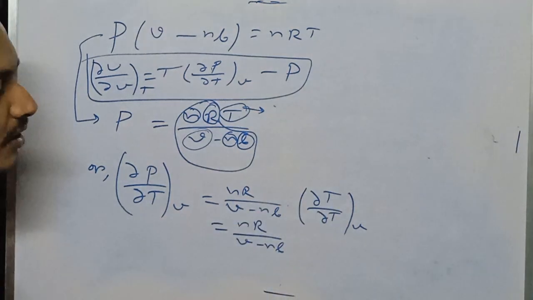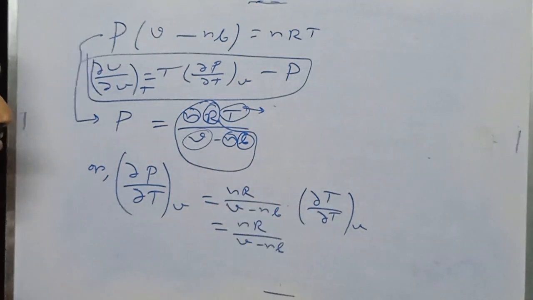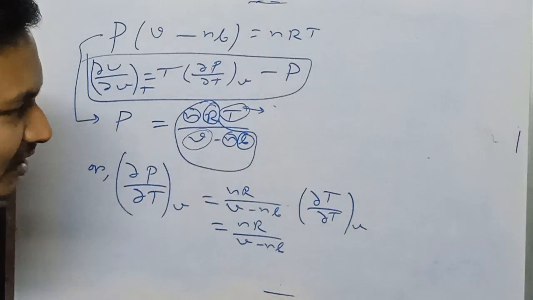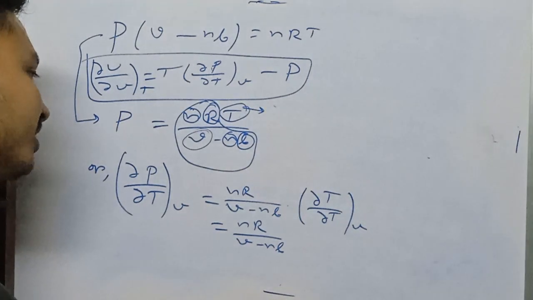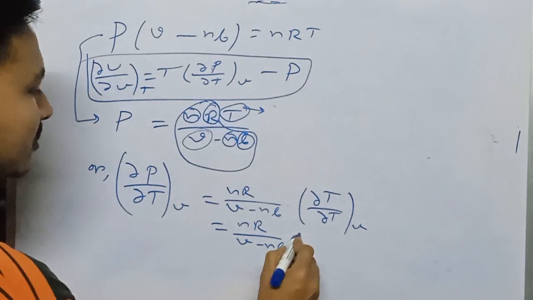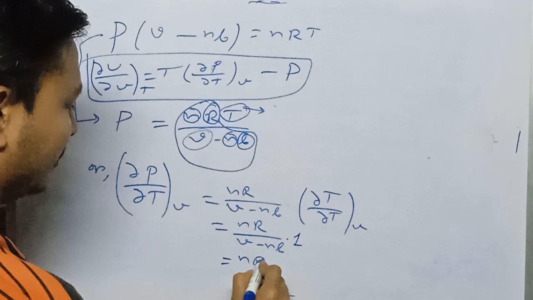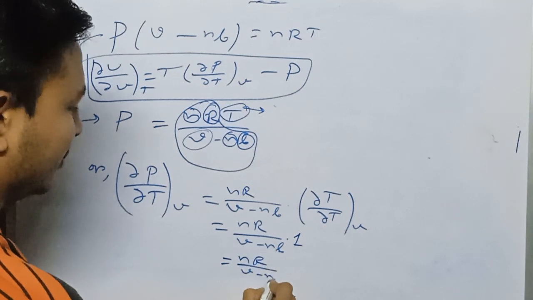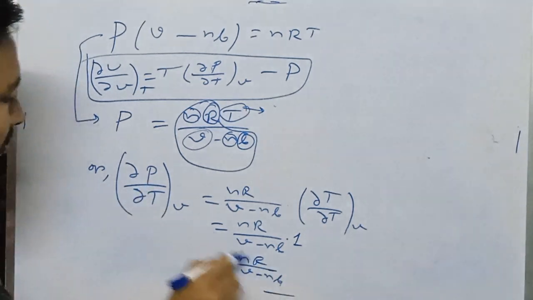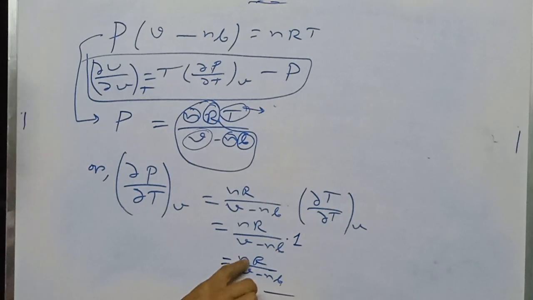Now differentiation of temperature with temperature gives the value 1, because if we differentiate x with respect to x, we obtain 1. So here nR by V minus nb. This is the value of del P del T V. Now put this in this equation.